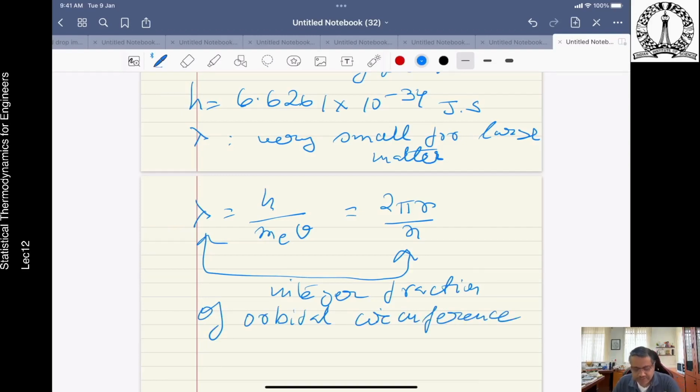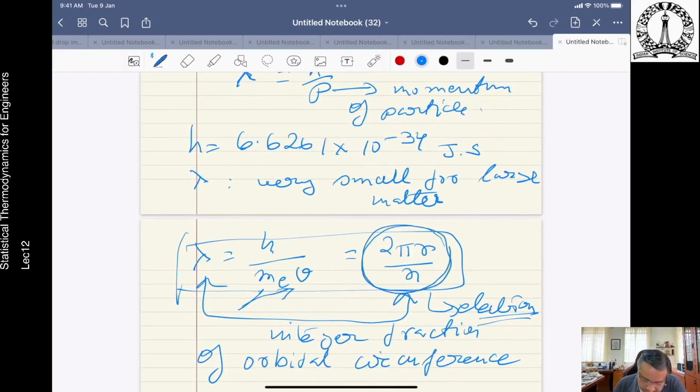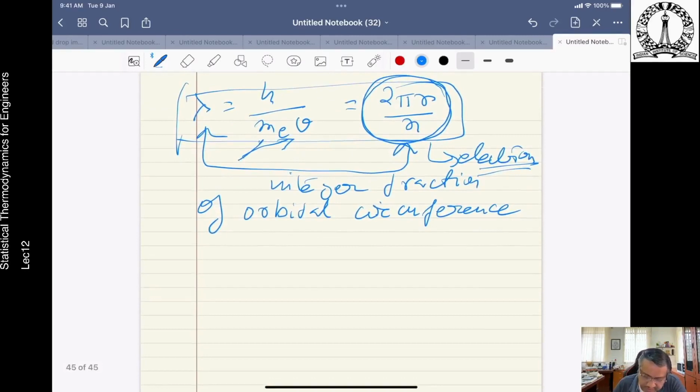This is rather interesting. So this is for an electron. Large matter waves, forget about that. Let's talk about electrons. If you substitute all the quantities over here, you get something like this, and as you can see, lambda of an electron is basically an integer fraction.